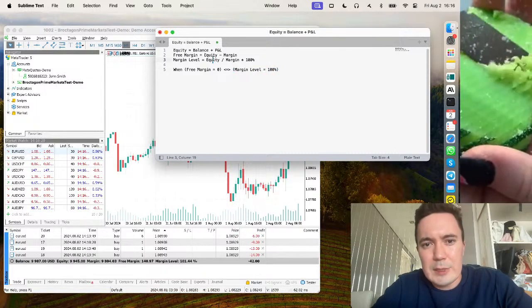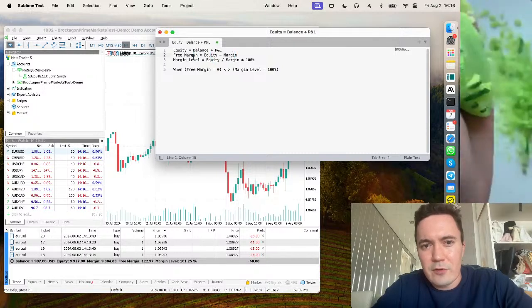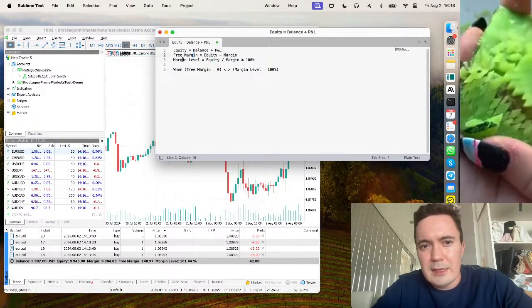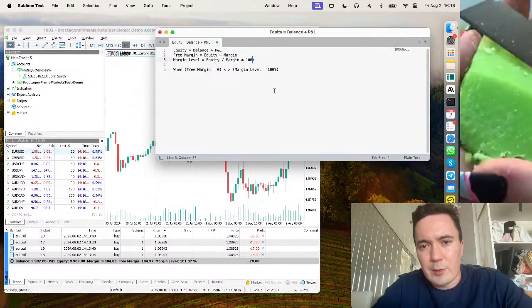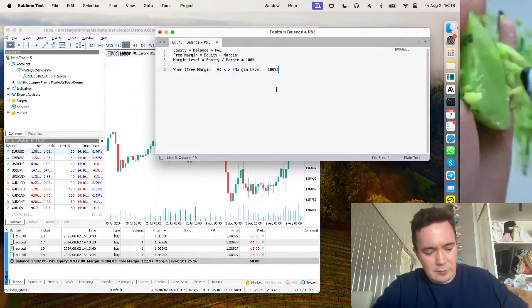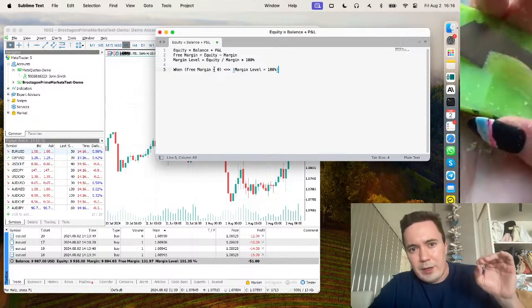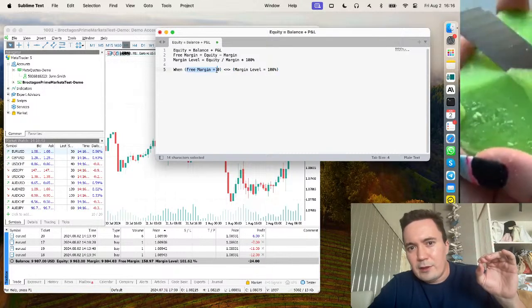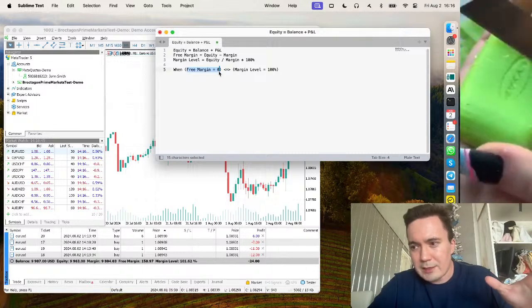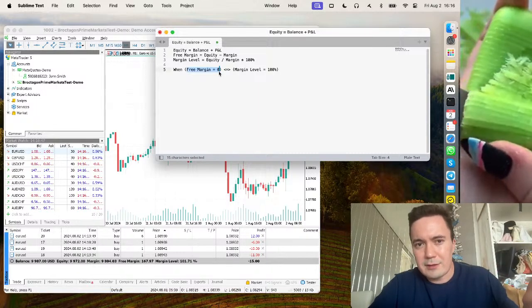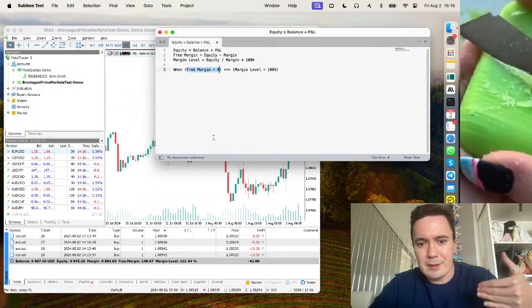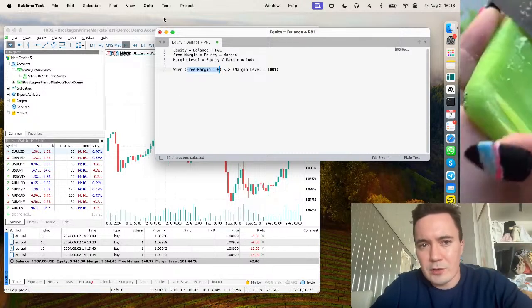So when equity is equal to margin, free margin will be 0, and margin level will be exactly 100, right? So this is the point where we have no more money to open more trades. We can only close trades as a way to free up the margin.